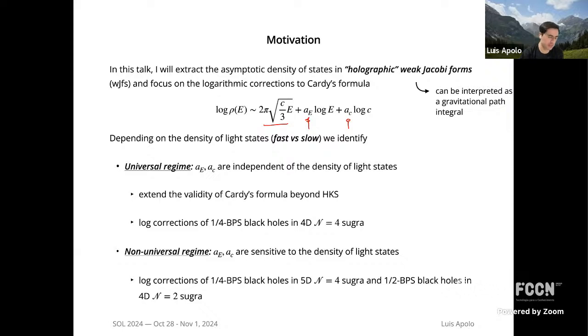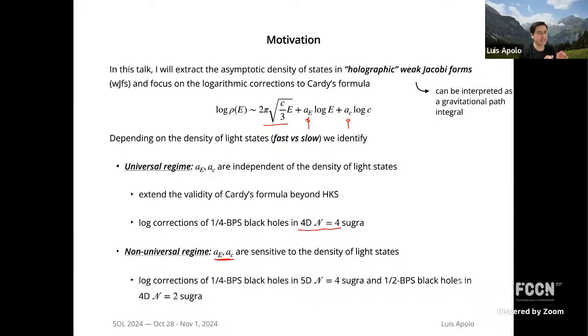And we will show that indeed the log corrections of a certain kind of black holes, so quarter BPS black holes in 4D N=4 supergravity, turn out to fall within this universal regime of a weak Jacobi form. But in addition to this, we will also find that there's a non-universal regime, by which we mean that these coefficients are sensitive to the density of light states.